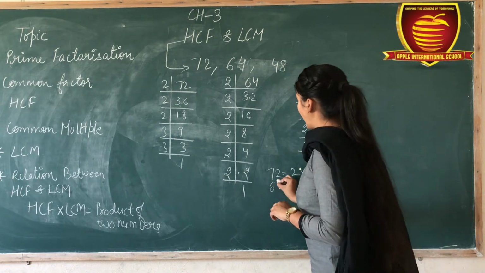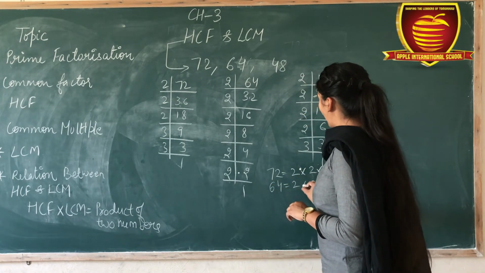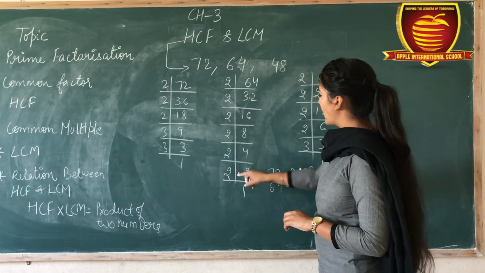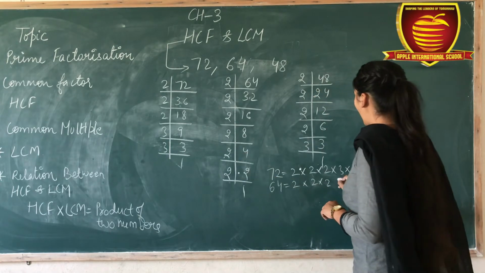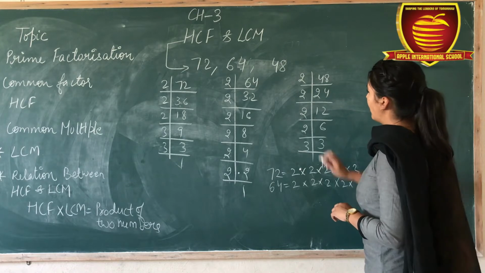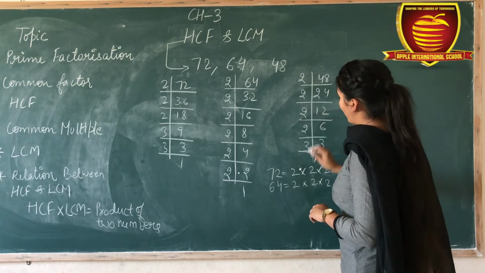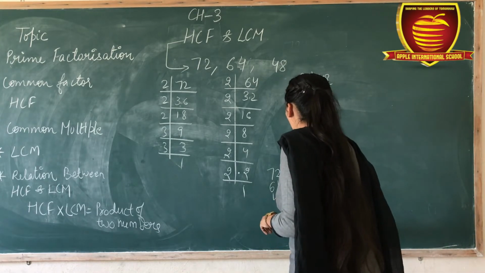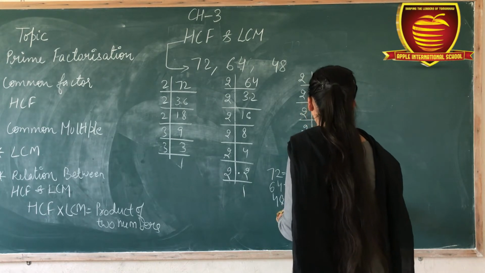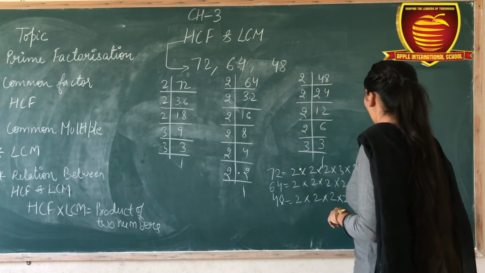Similarly for 64: 2 into 2 into 2 into 2 into 2 into 2. Next, 48: 2 into 2 into 2 into 2 into 3.